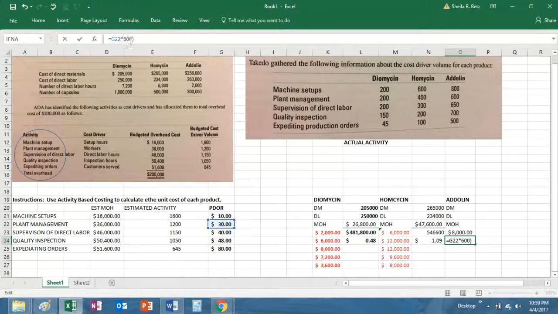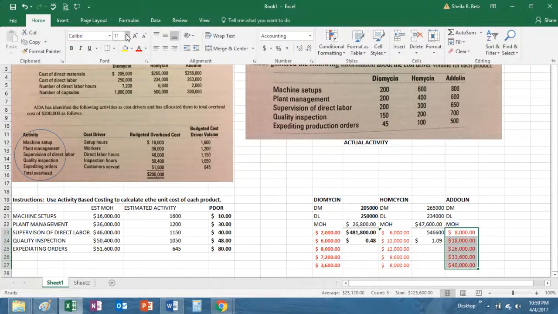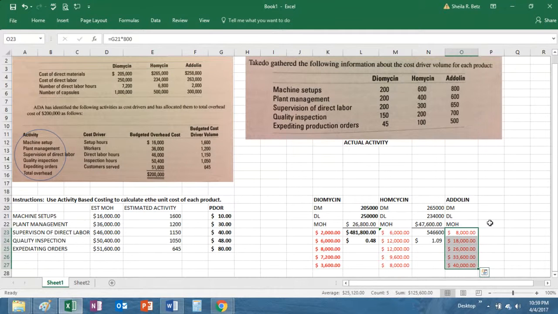Looks like my hands got a little ahead of myself here. So for overhead for Adeline, we get 125,600.